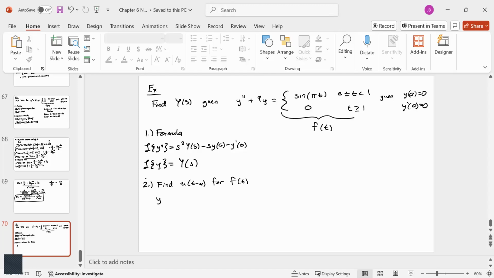I don't need y prime here. So our equation is the first function, sine of pi t, minus the first function times the point at which it's jumping, essentially, and then plus 0, right?